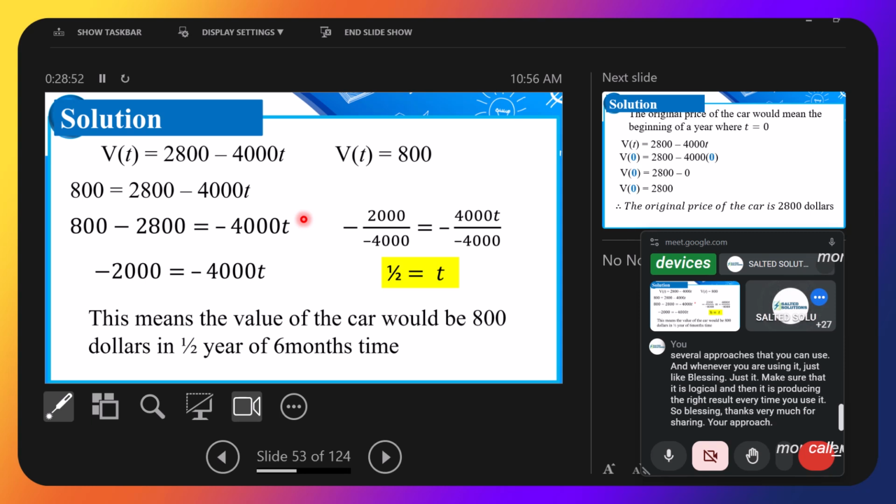Okay, so I think we can move on to the next question. Or do you have any question about this? Anyone having a question? Those who just joined the class today, you have missed about two lessons. We started with relations, understanding what a relation is, and then we came into functions.